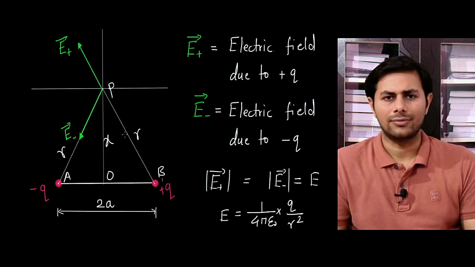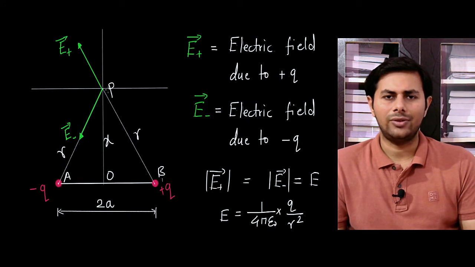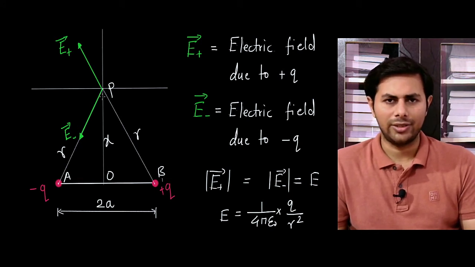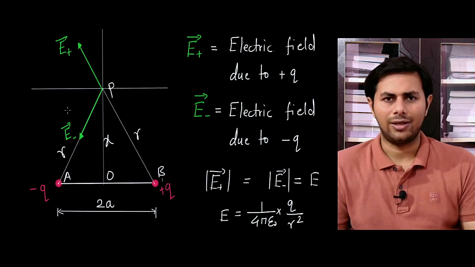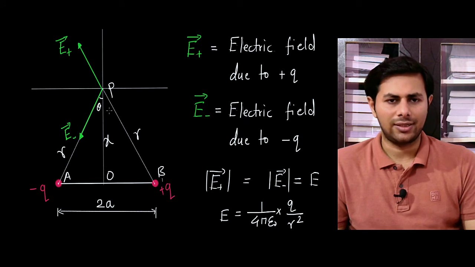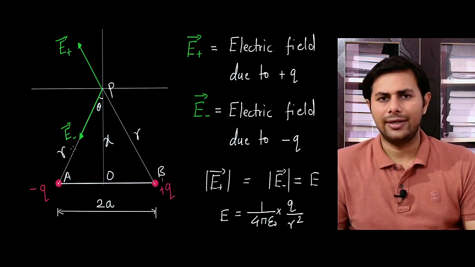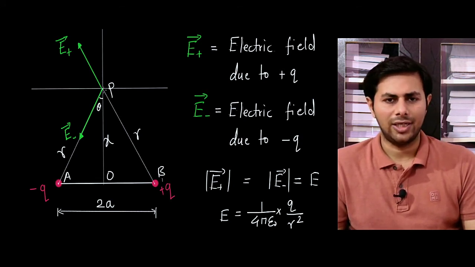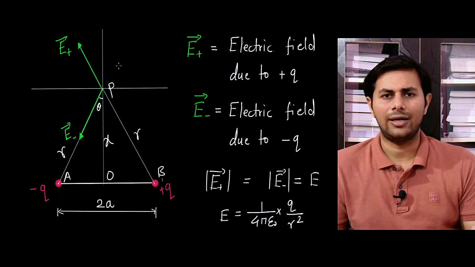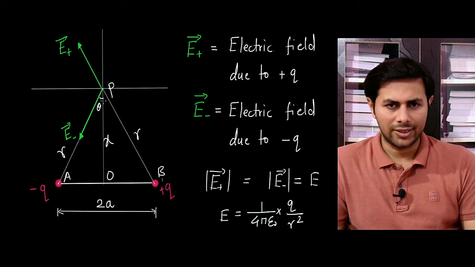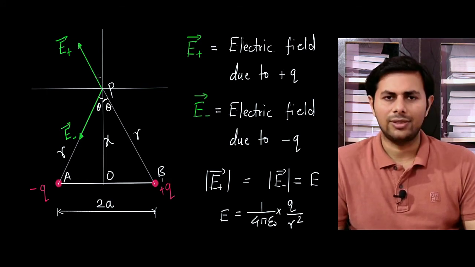Okay. So now to find out the net electric field at this point, we need to resolve E plus bar and E minus bar along two perpendicular components. So suppose this angle is theta, and three sides of these two triangles AOP and BOP are equal. So these two triangles are congruent. So this angle is also theta, and this one is vertically opposite angle to this one.